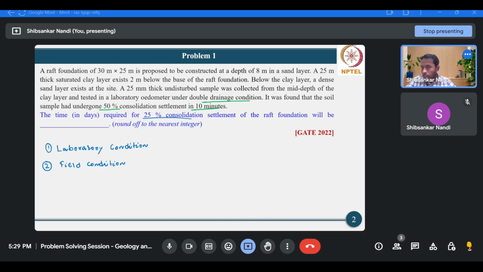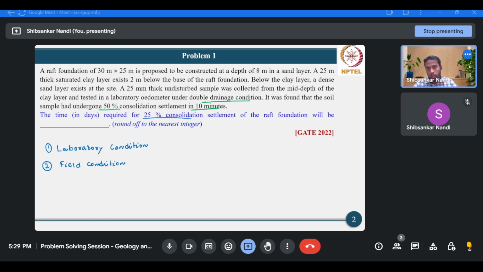So through this problem, we have seen that when we know the time or some percentage of consolidation for a laboratory sample, we can easily extrapolate that data to the time rate of settlement of the field from where the sample was collected.